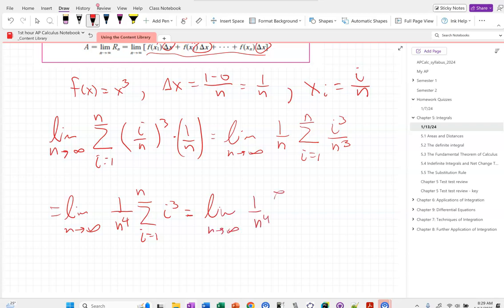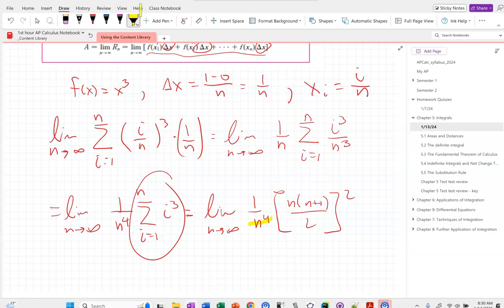And now I can use that formula that it gave me, and I'm, again, doing a limit of a rational function. It's an infinite limit. So first thing I care about is the degrees of my polynomials.